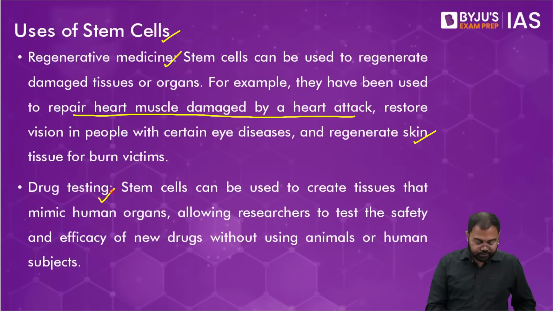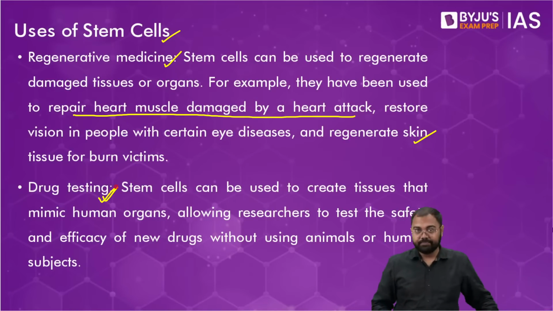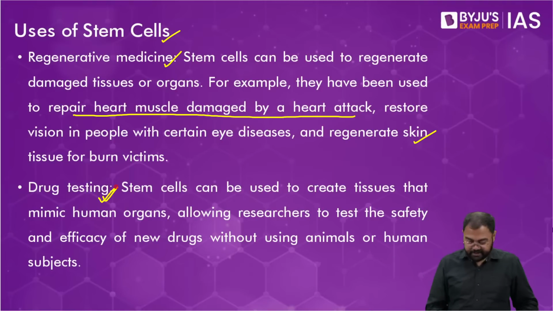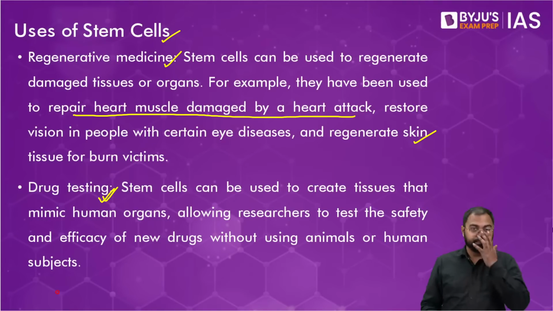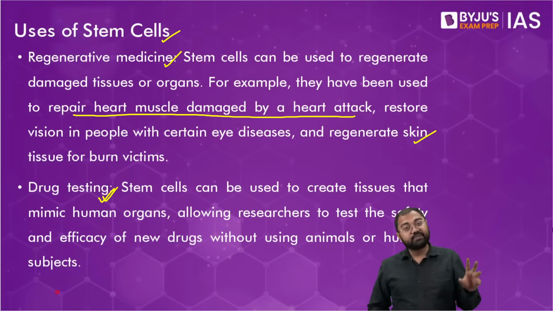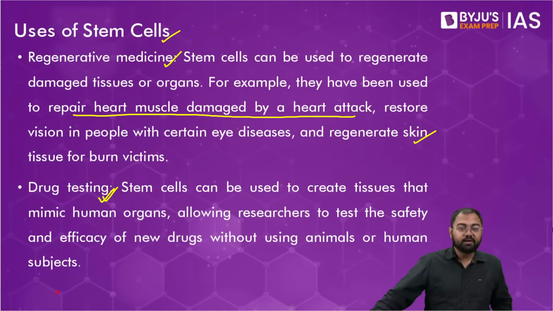Similarly, it can also be used for drug testing. Now, in the case of drug testing, first we will try to grow a tissue or an organ from the stem cell, and we'll do all the testing of the drug on that tissue, cell, or organ.